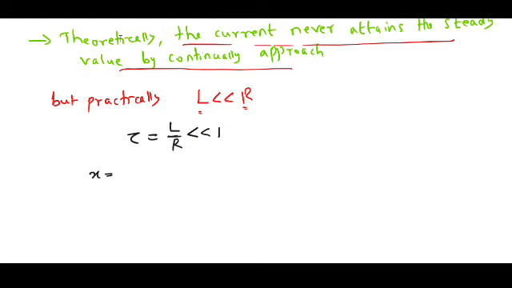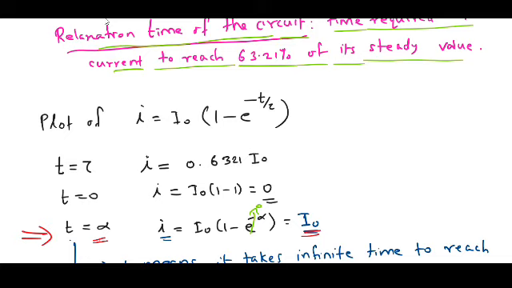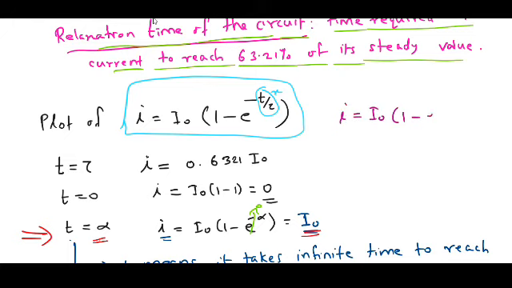Or if I take this quantity as X, which quantity? In the expression I is equal to I0 into e power minus t by tau, I take t by tau as X, then this expression will be I is equal to I0 into 1 minus e power minus X. When the time tends to infinity, X equal to t by tau tends to infinity.